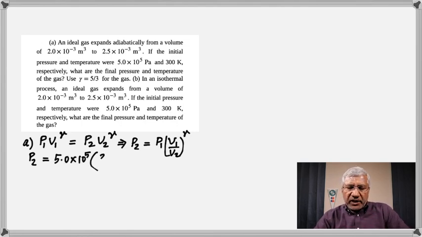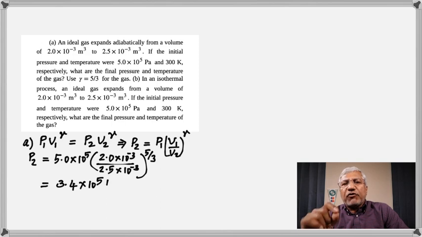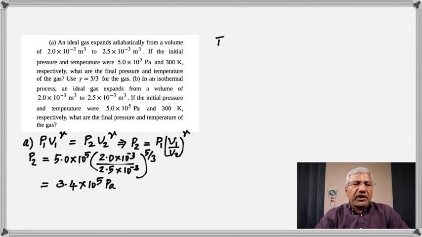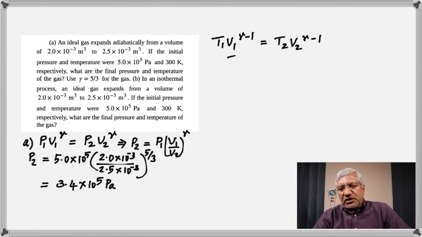final pressure. And the final pressure is just the initial pressure times the ratio of that volume. Volumes are both given, raised to gamma. And gamma is 1.67. Why? Because it's a monoatomic gas. 5 by 3 is 1.67. Okay? So we get A. And then B, oh no, we also have to find the temperatures. So you get the temperature using the other adiabatic equation.